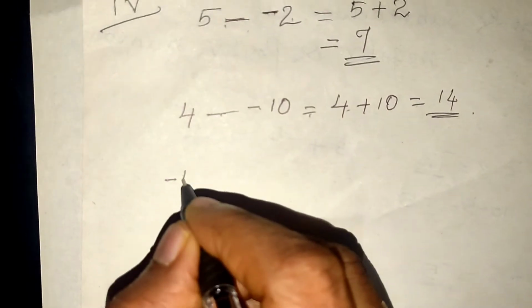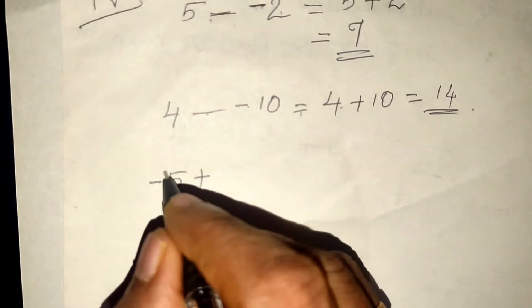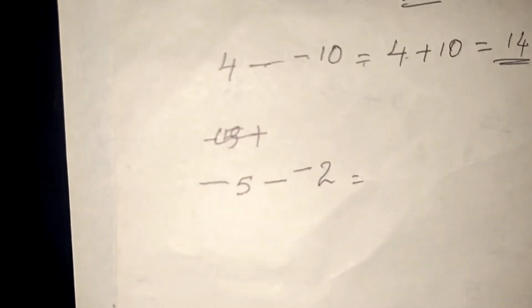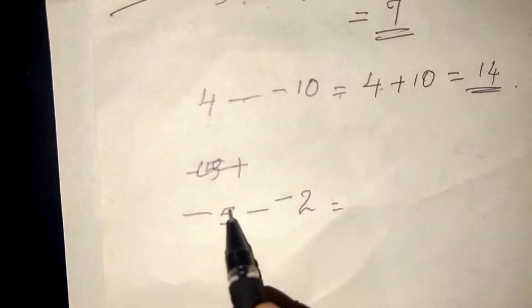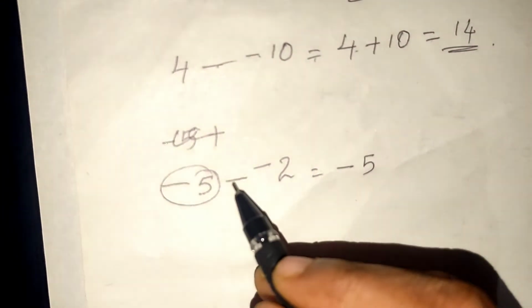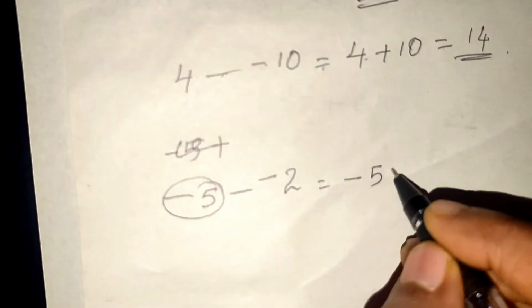Then can you say -5 minus -2? How do we find this answer? See, here we have -5. No change for it. -5. Then what about negative of negative -2? Negative of negative is positive.